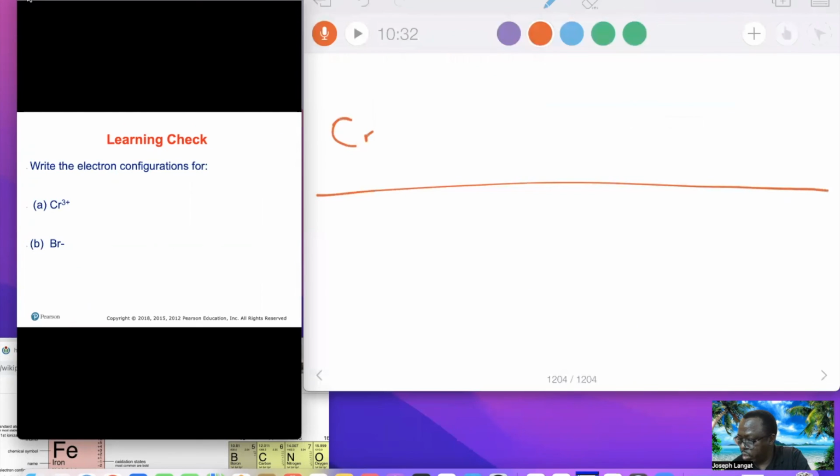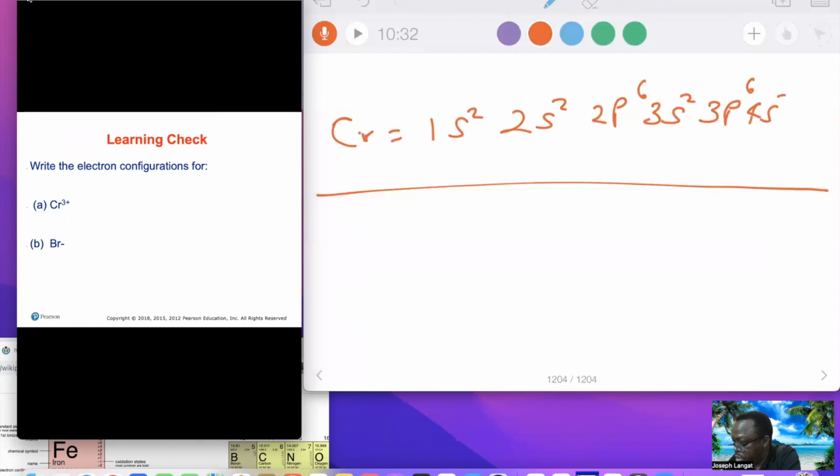If we do that, you expect this. Neutral chromium is 1s2, 2s2, 2p6, 3s2, 3p6, 4s2.